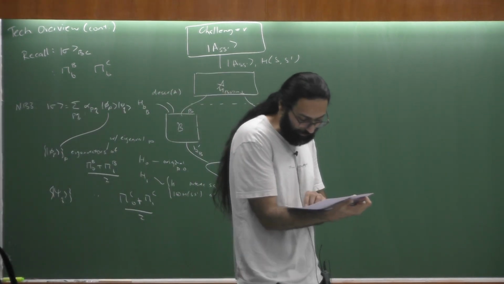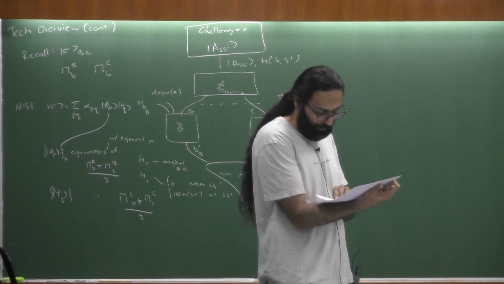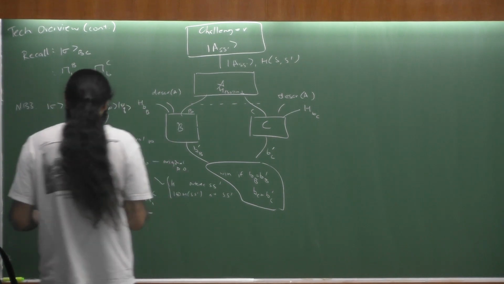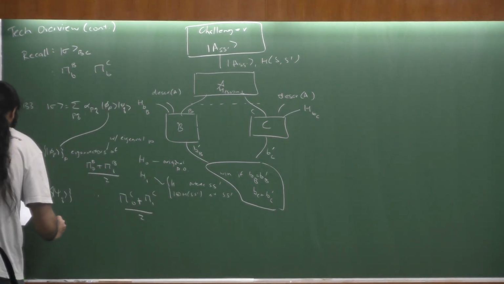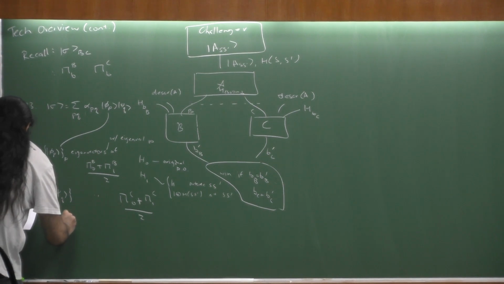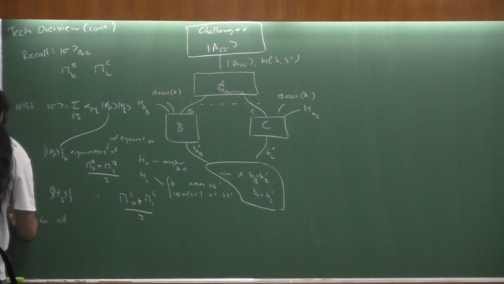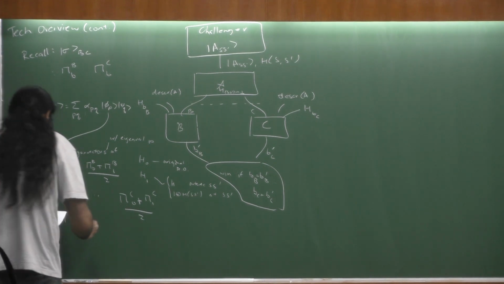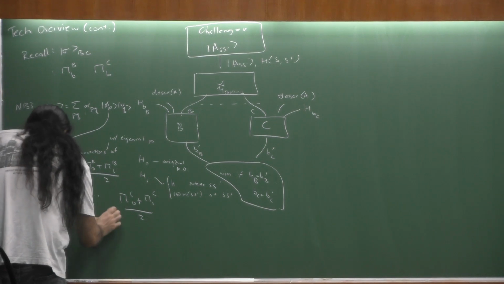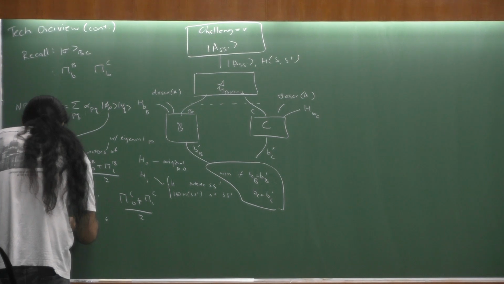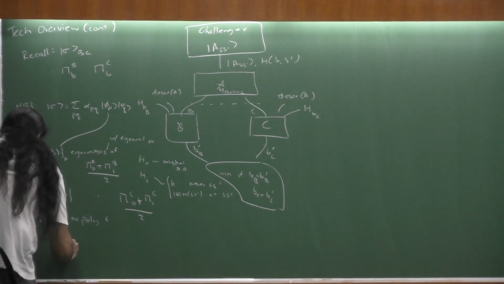The reason why this is interesting is because they're able to prove, and this part is where all the technical magic lies, that for all inverse poly epsilon, the following is true.